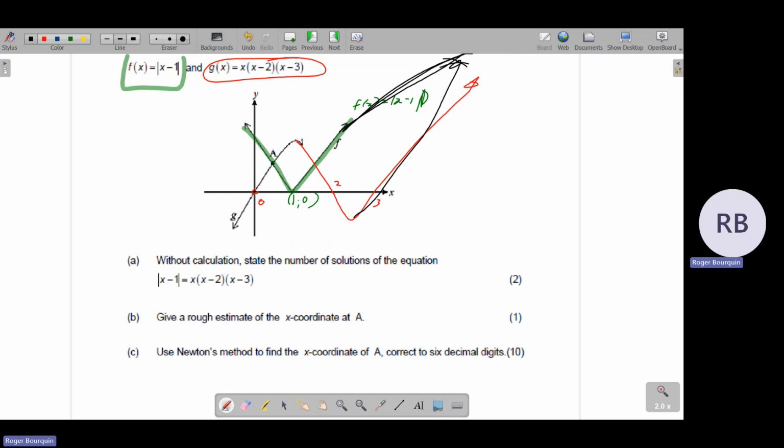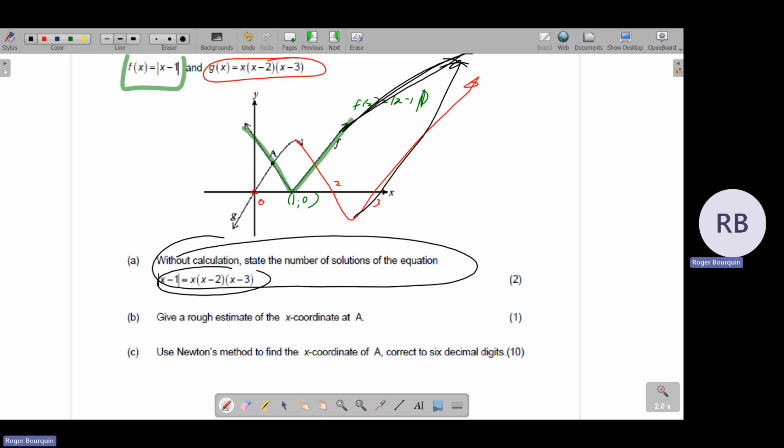So the first question is, without calculation, state the number of solutions to the equation. Basically they've let f of x be equal to g of x, so the question is asking about points of intersection. How many points of intersection would there be?